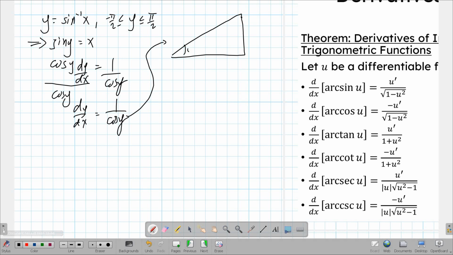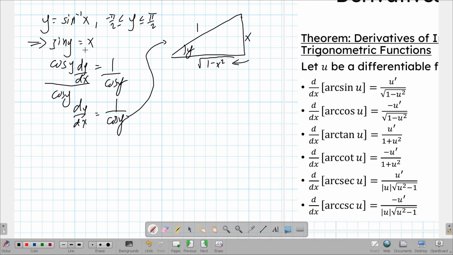If this is our angle y with the hypotenuse of 1, then the opposite side is x. By the Pythagorean theorem, solving for the adjacent side, that becomes the square root of 1 minus x squared.